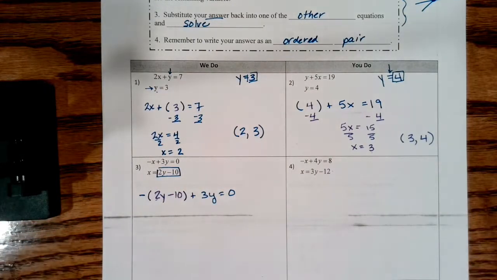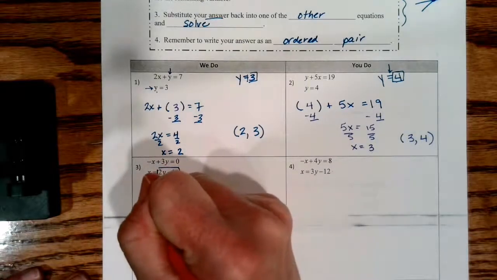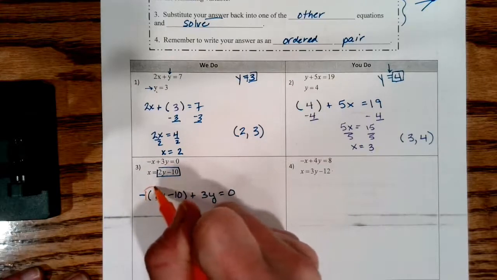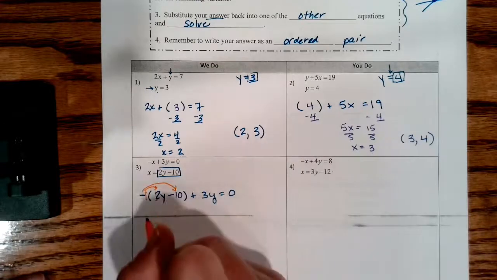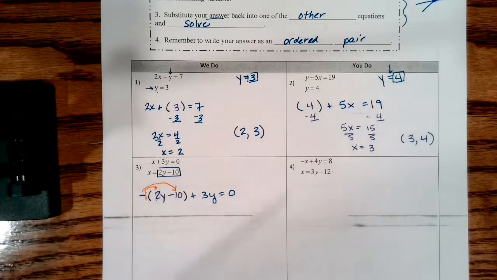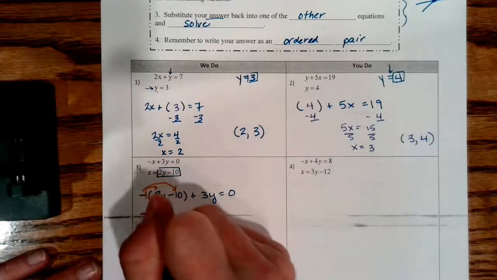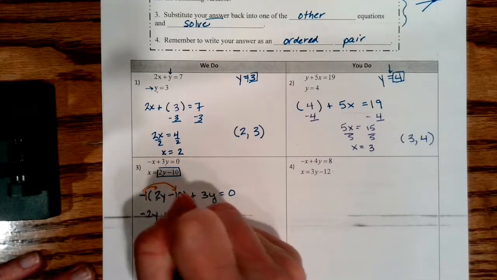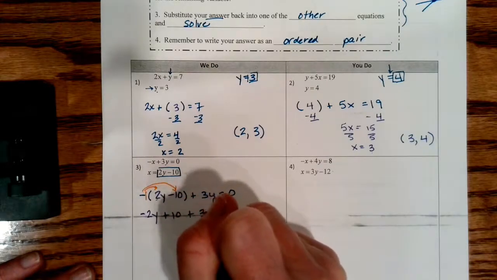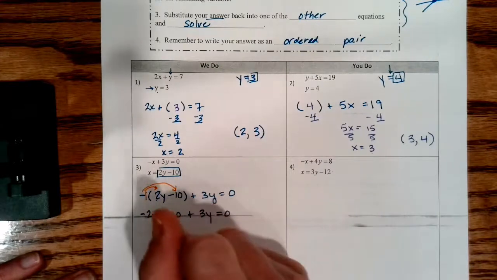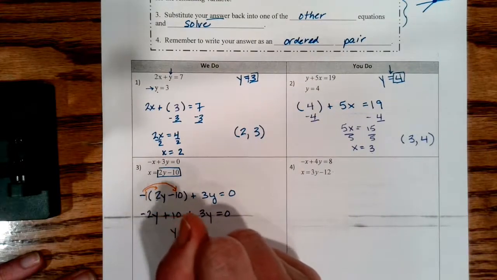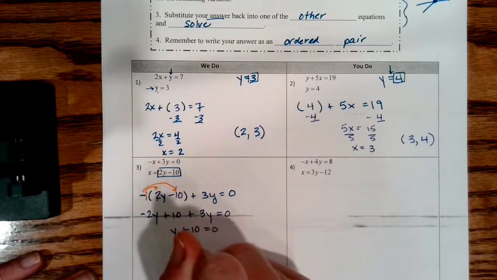Now we have a great opportunity to practice here, because I know this is like having a -1, and I want to make sure when my next step is to remove parentheses and use the distributive property that I go ahead and distribute that -1, giving me -2y plus 10 plus 3y is equal to 0. -2y and positive 3y gives me 1y plus 10 is equal to 0.